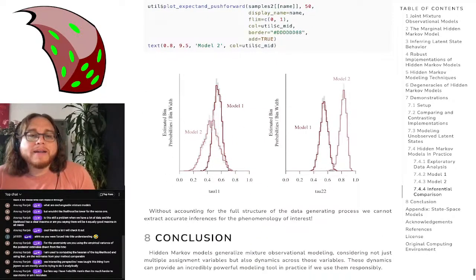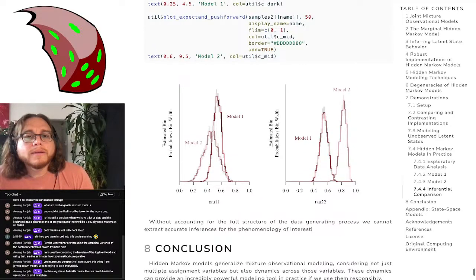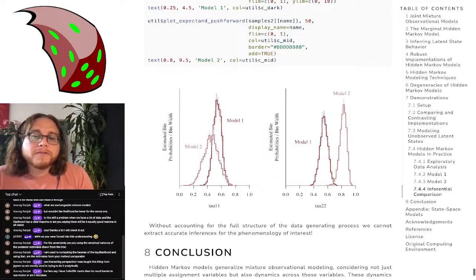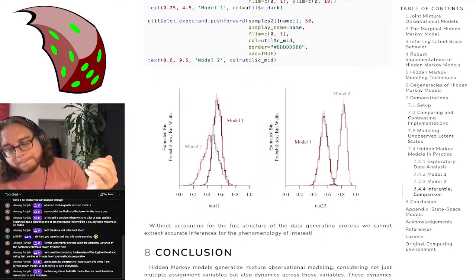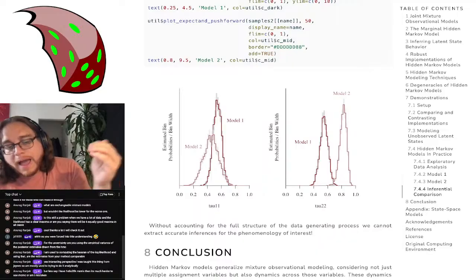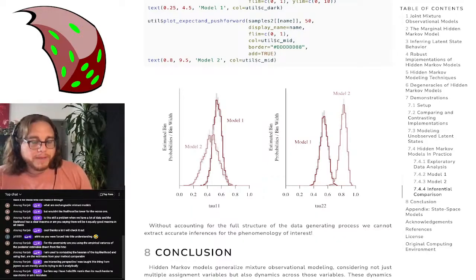In particular, we can see that the inferences for tau11 are much stronger than they should be, and our inferences for tau22, the stickiness of the high activity state, are much lower than they should be.